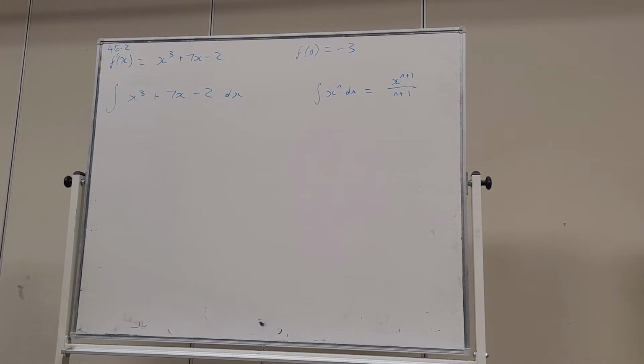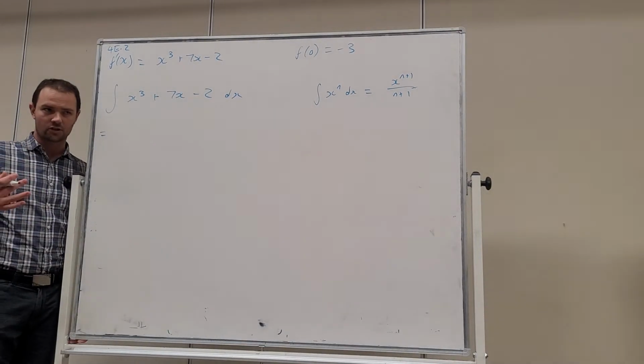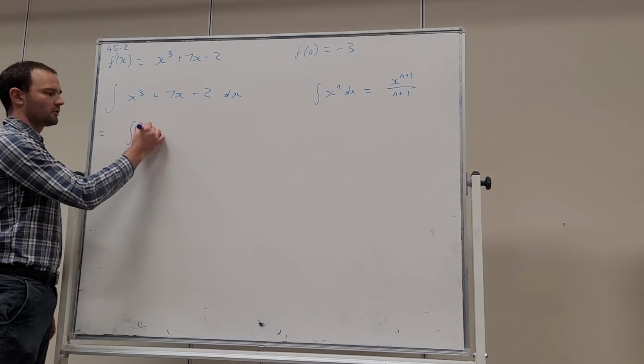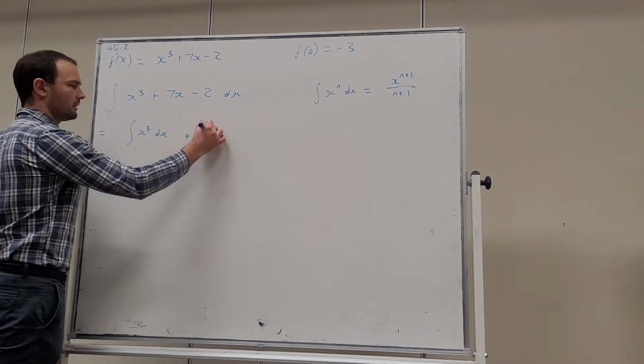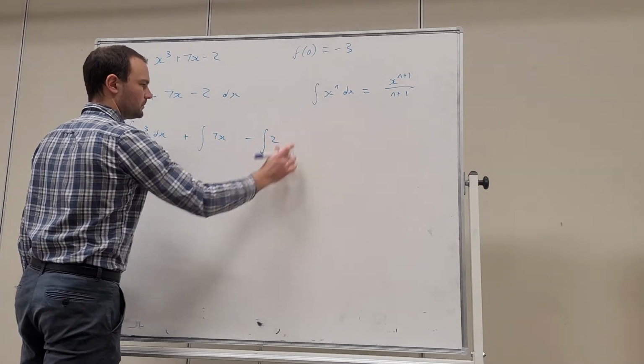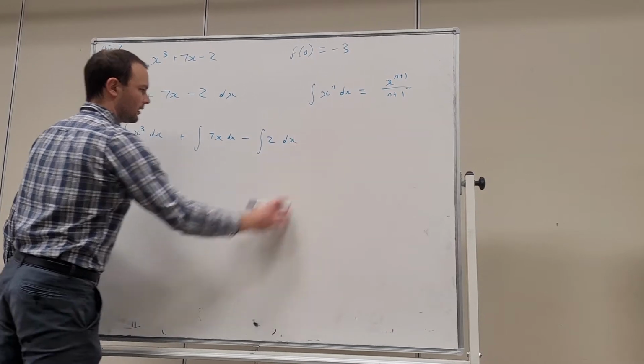Now I'm going to break this one up into a series of steps just to show you guys exactly what's going on. What we're doing, just like differentiation, is integrating term by term. So that means we're doing the integral of x to the 3, plus the integral of 7x, and then the integral of 2, all with regards to x. Okay.